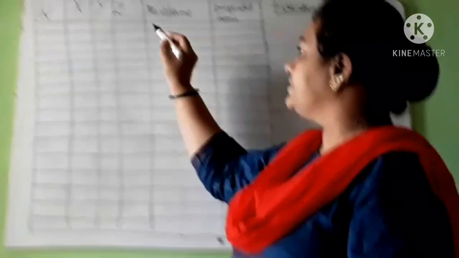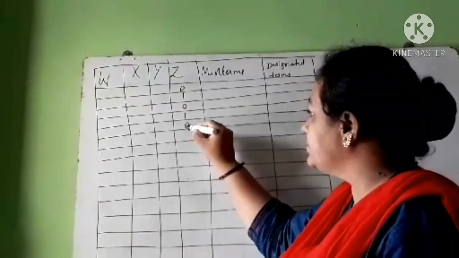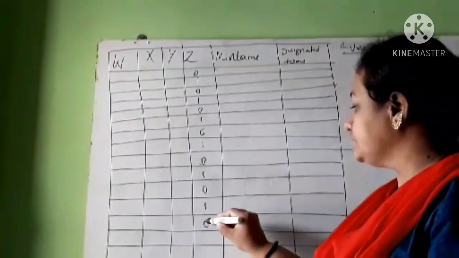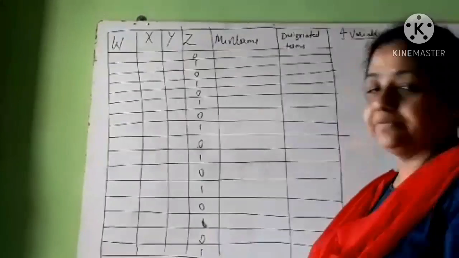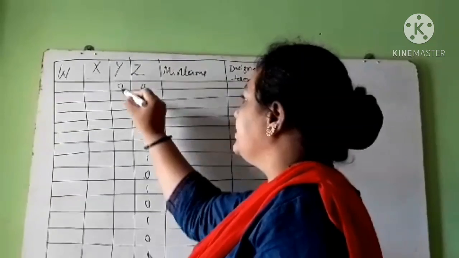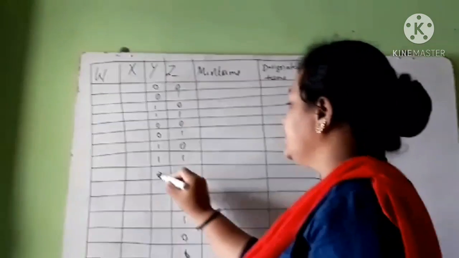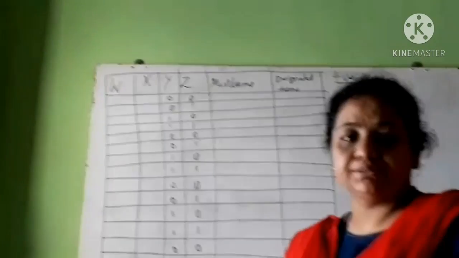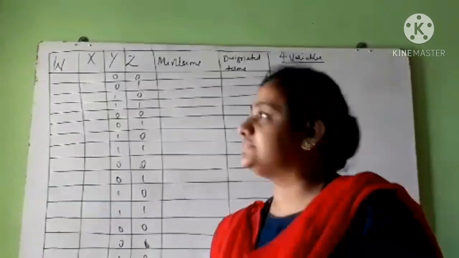Now take the last variable and fill in 0, 1, 0, 1, 0, 1, and so on. For the next column, we need to take 2 zeros, 2 ones, 2 zeros, 2 ones, and so on. For the next variable, there will be 4 zeros, 4 ones.